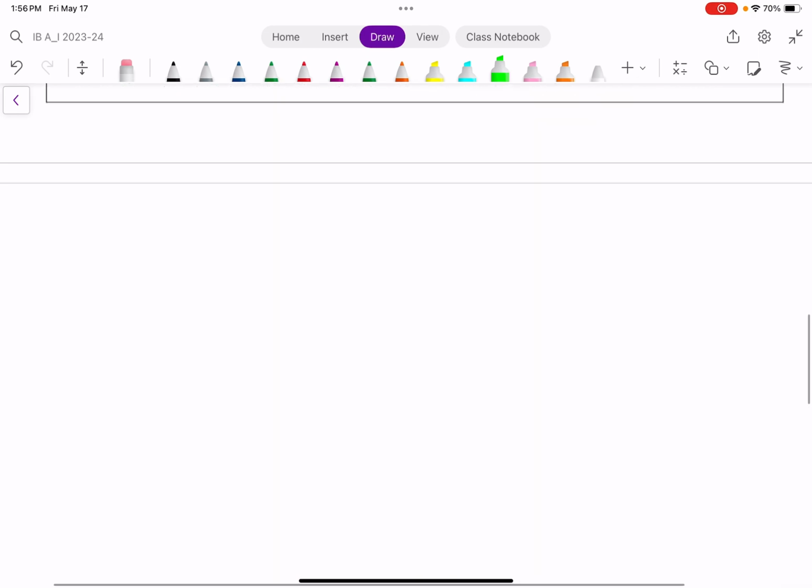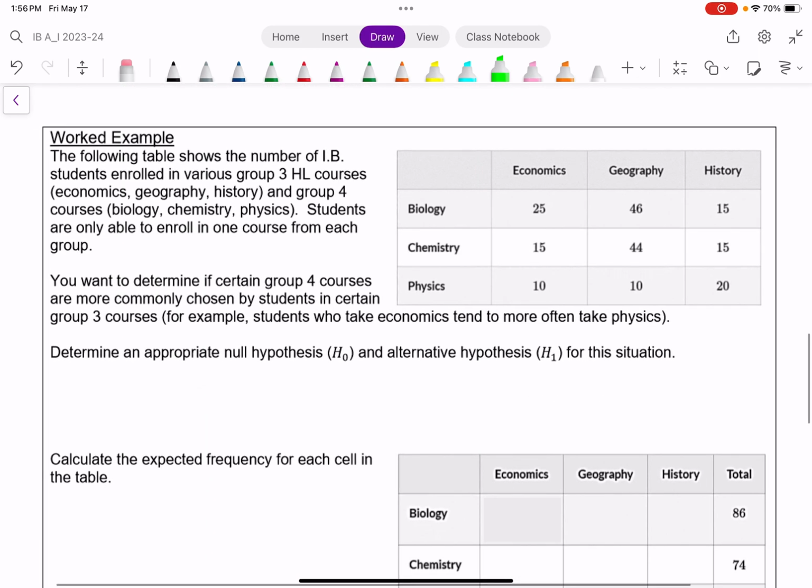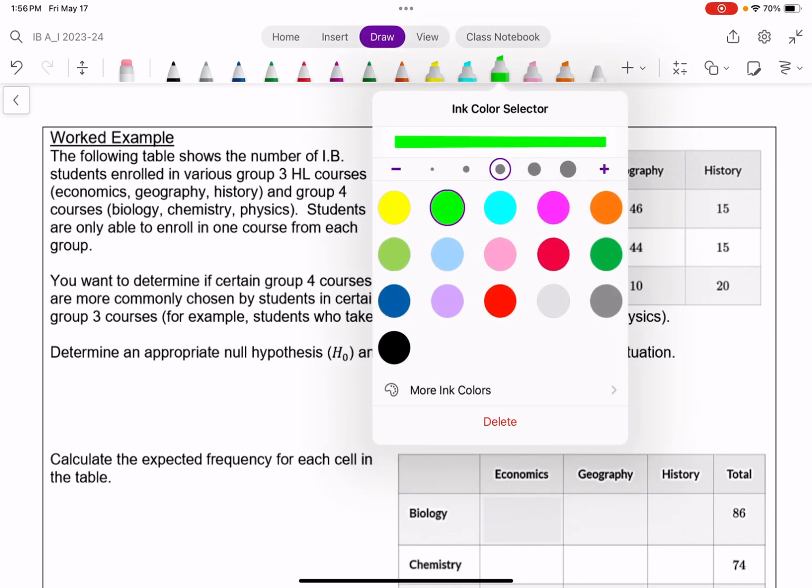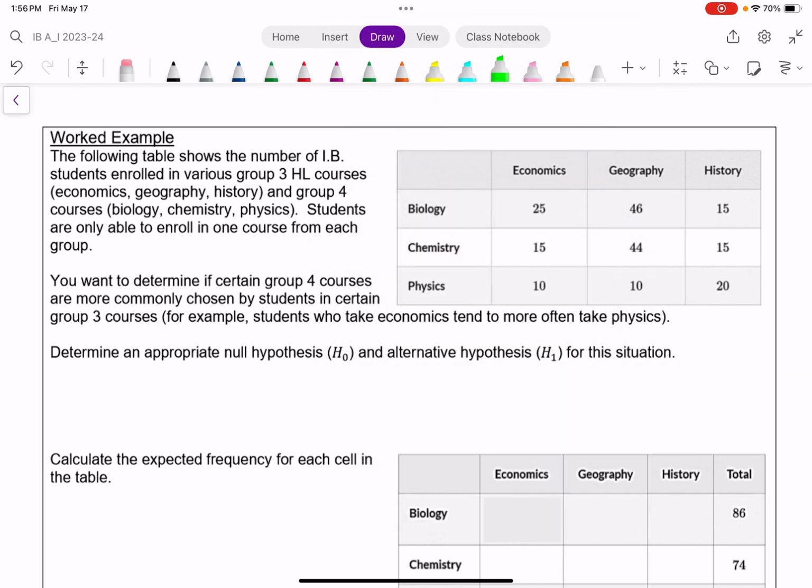So I'm going to work through this example in which we look at the number of IB students who have enrolled in either economics, geography, or history, or biology, chemistry, and physics. Economics, geography, and history are what we call Group 3 HL courses, and Group 4 courses are biology, chemistry, and physics.